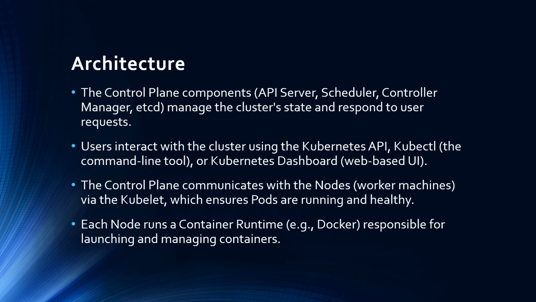Users interact with the cluster through kubectl, the command line interface, Kubernetes dashboard, the web-based UI, custom applications using the Kubernetes API. The control plane communicates with worker nodes through the kubelet, which ensures containers are running in pods, mounts volumes to pod specifications, performs health checks, reports node and pod status, handles pod lifecycle events, manages container runtime, downloads pod secrets, enforces resource limits.